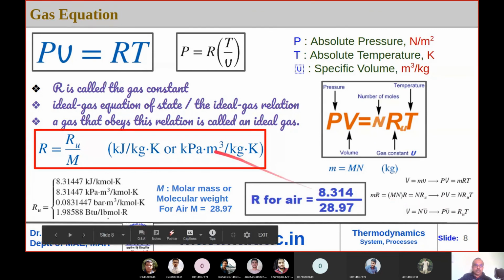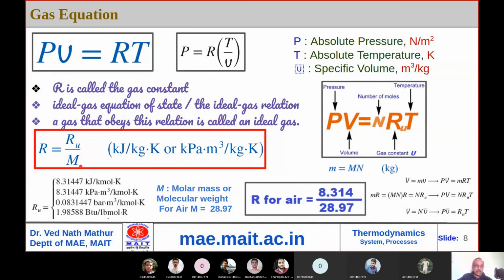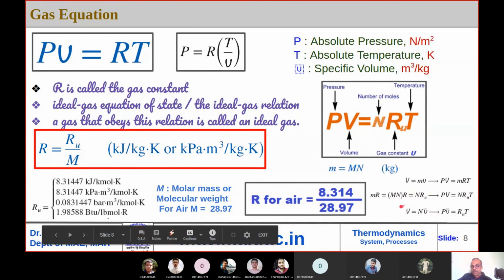So R into M becomes Ru. So this gives you PV is equal to, on the right hand side, instead of mR, you can write n into Ru. Now here n is kg mole, Ru is in terms of kilojoule per kg mole.